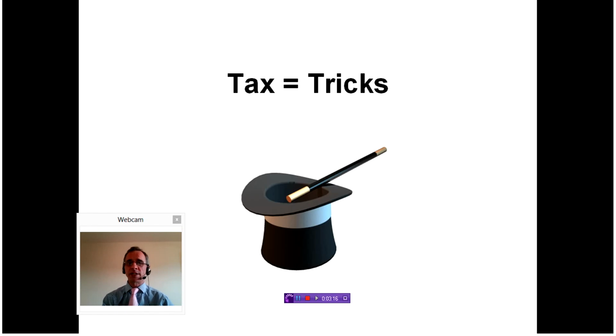Now, what is tax? If this is an intro to it for you, well, for me, tax is a series of tricks. I talked earlier on about rules, about complex rules. Really, what the examiner is going to do is set you a set of questions that have a number of tricks, basically. In other words, rules that you need to know that will be twisted around slightly.